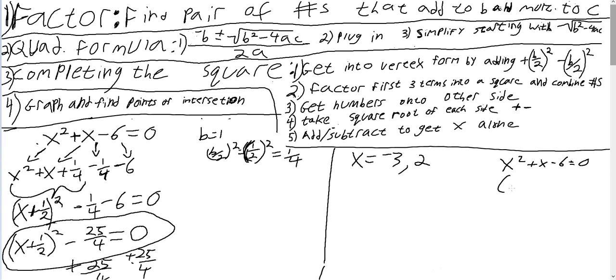If you factor, you need to find a pair of numbers that multiply to this and add up to the b, the middle term, which is 1, which was plus 3 and minus 2. If you forget how to do that, but you were able to use the calculator to know that the answers are -3 and 2, you can just fudge it. If you know that it's -3 and 2, you know that the factors are going to be the opposite: x plus 3 and x minus 2.